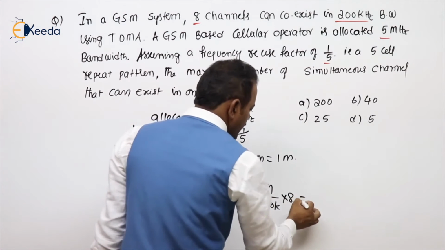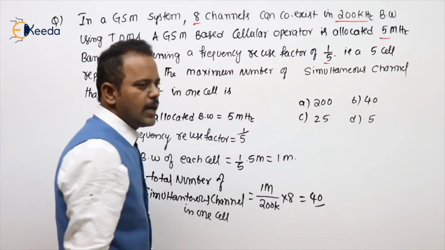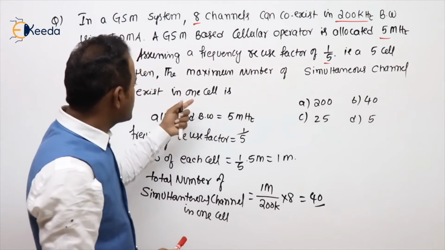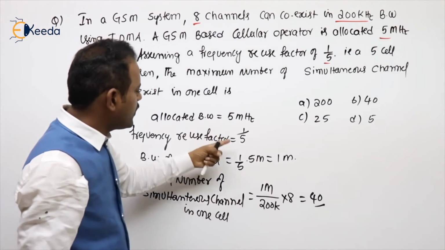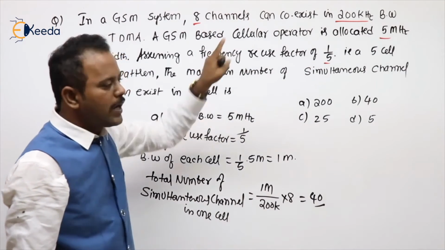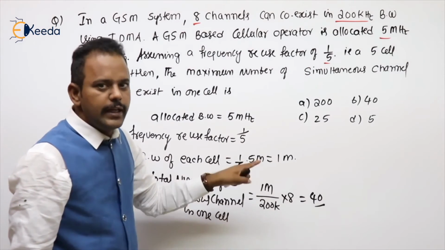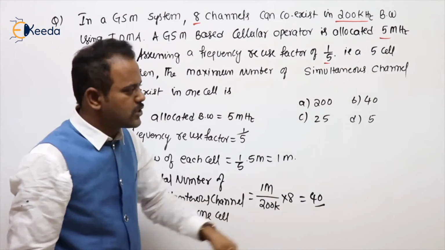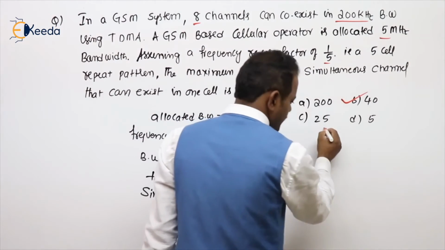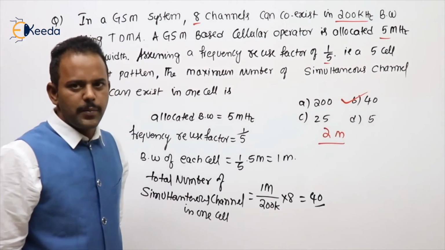This will be 5, and 8 fives are 40. So 40 channels simultaneously can exist in one cell. He is asking about one cell only. So I calculated one cell bandwidth, and 8 channels need 200k. So 1 mega by 200k means we will get 5, and each one will have 8 channels. So total will be 40. This is a 2 marks question. Simple logic only. Got my point?